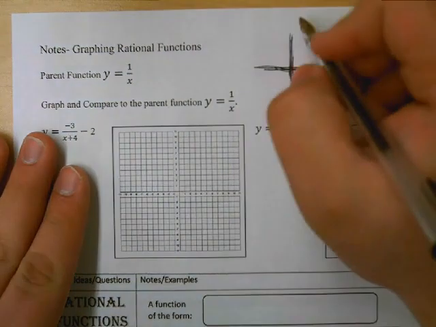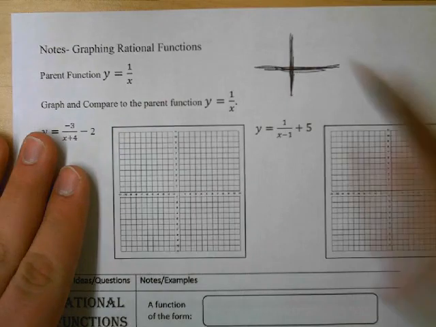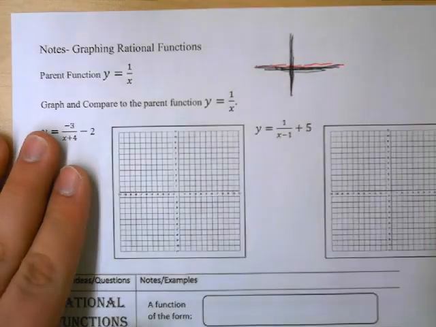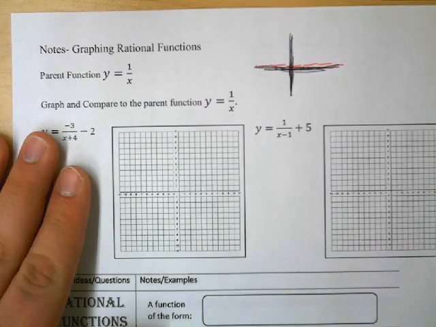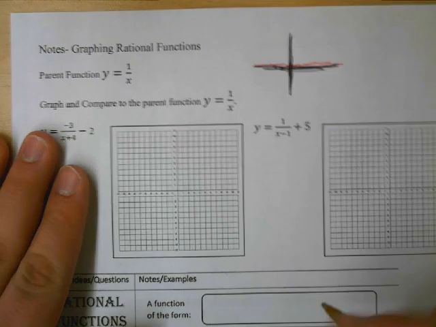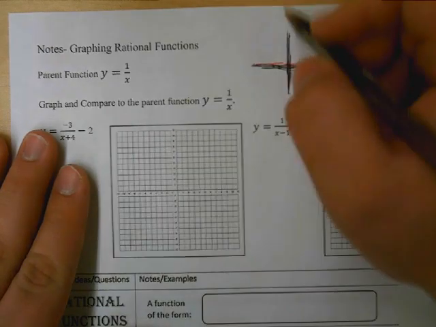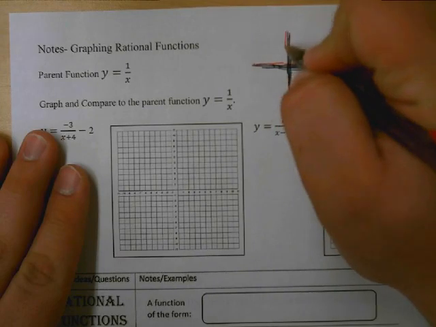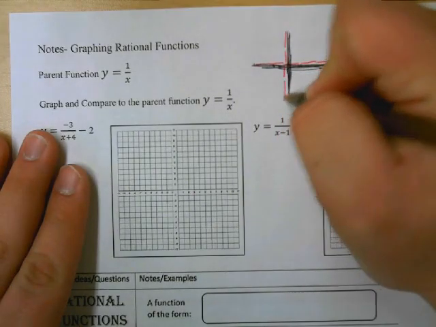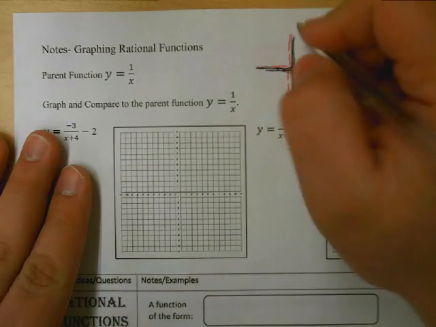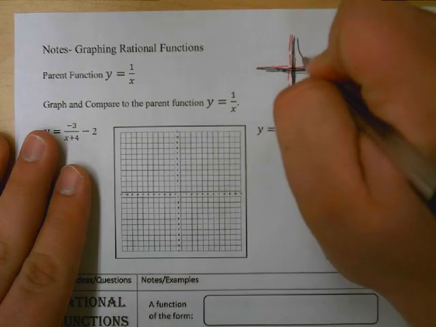In the graph, there's a horizontal asymptote at y equals 0, a lot like how in exponential equations there's that horizontal asymptote at y equals 0. The same type of thing is going on here. There's also a vertical asymptote, one going up and down, at x equals 0. And then the graph itself looks like this with two different branches.